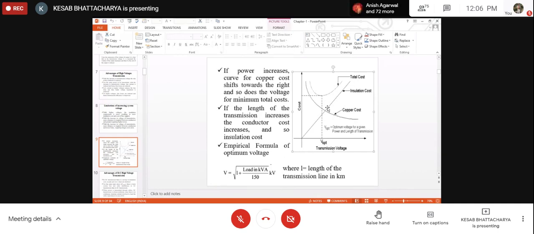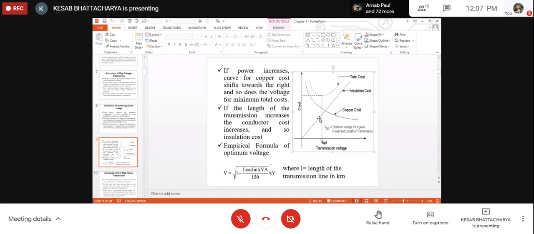This is the total system cost, copper cost plus insulation cost, obtained by superimposing these two costs point by point. I mean, at different points, adding the ordinates, we get this curve, and this is the optimum system voltage.